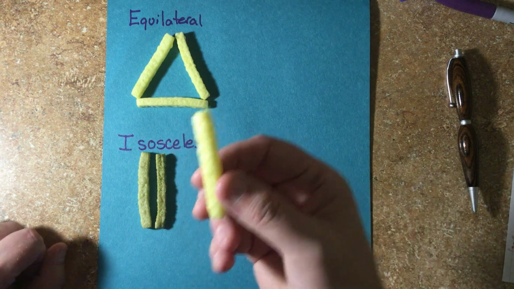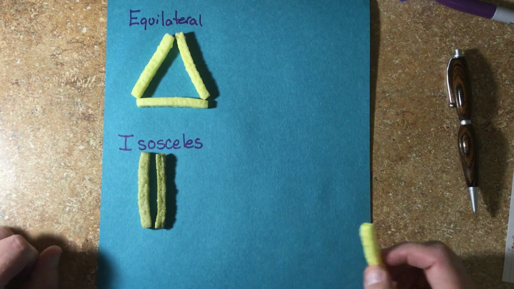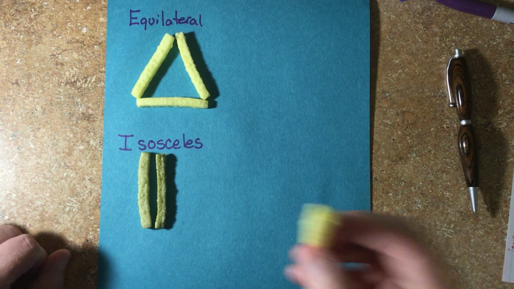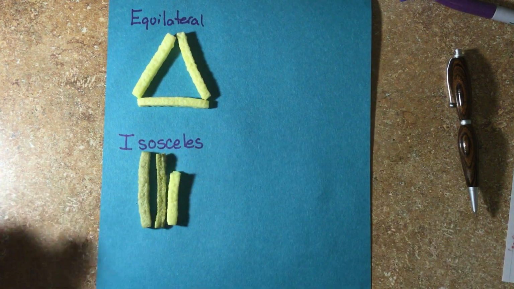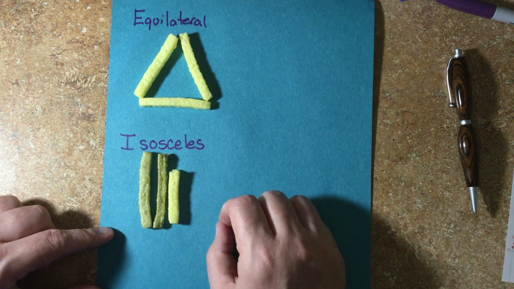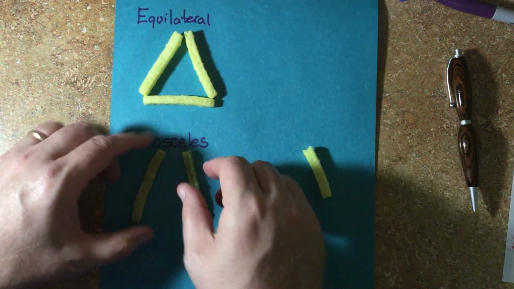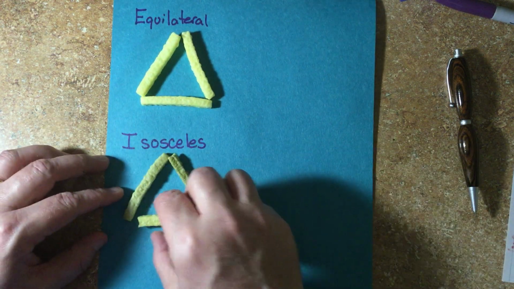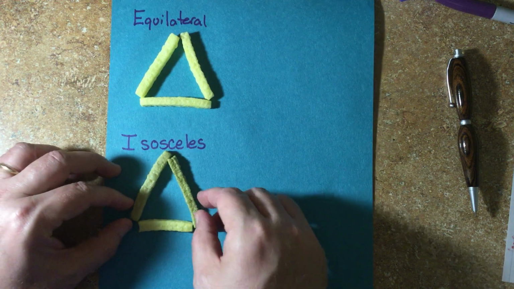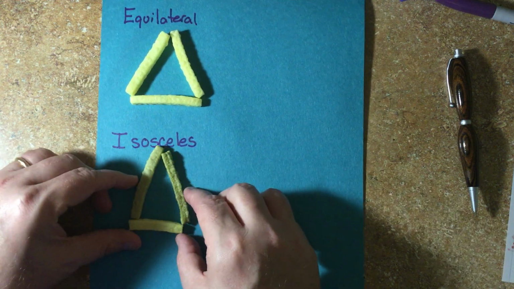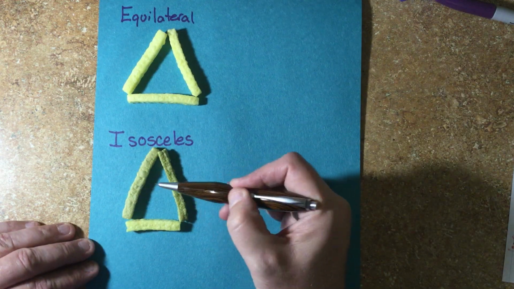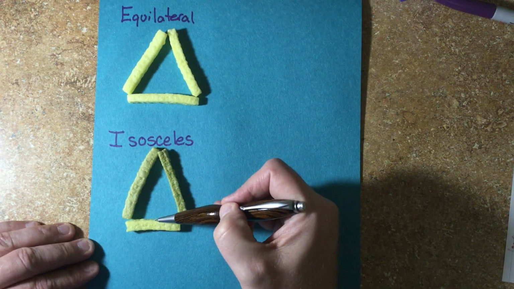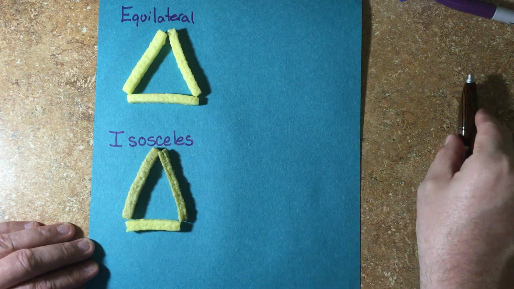I can't lengthen it, that would be crazy, but I can always shorten it. Just take a bite right out of it. So now it's a little bit shorter. I'm going to connect those, and you see that these two sides are the same length and this one is shorter.